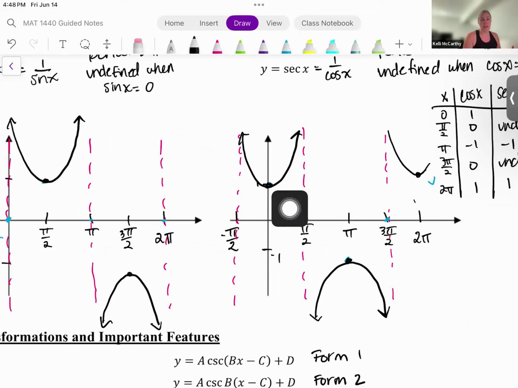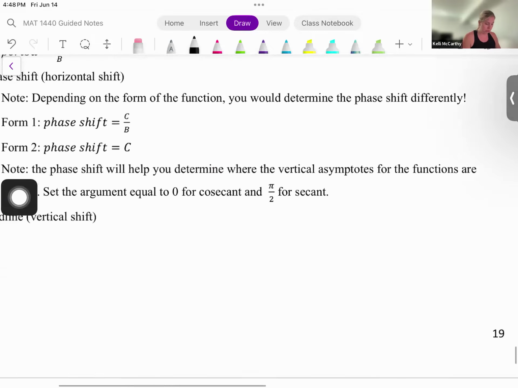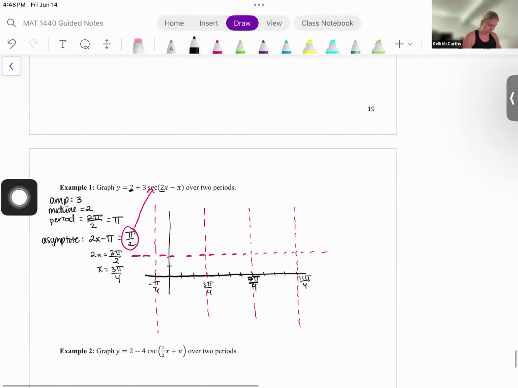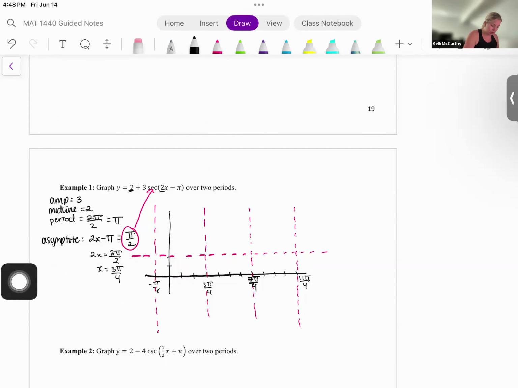So we still want that minimum of that parabolic shape to be to the left of this first asymptote. So that pi over 2 asymptote was just shifted over a little bit to the right, which means that instead of intersecting on the y-axis, we're going to have that minimum of that first parabolic shape to be just to the right of that.